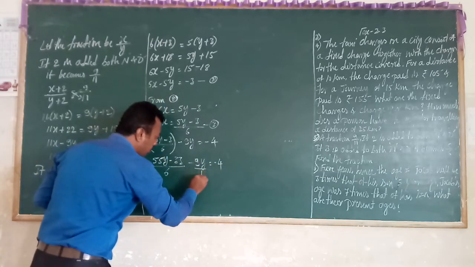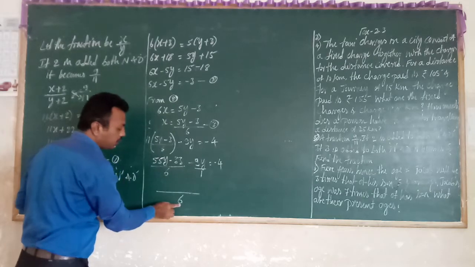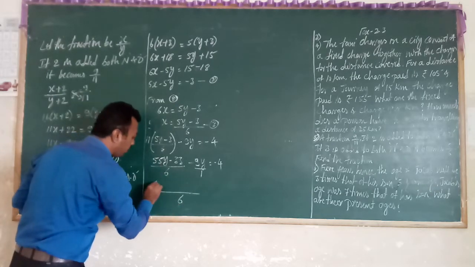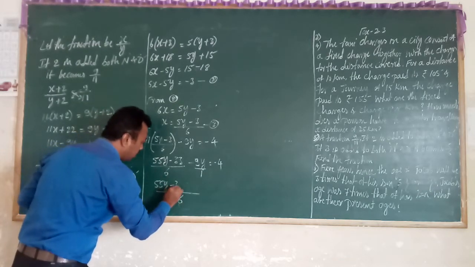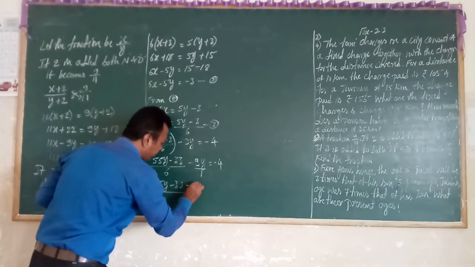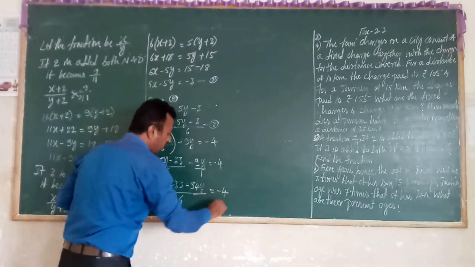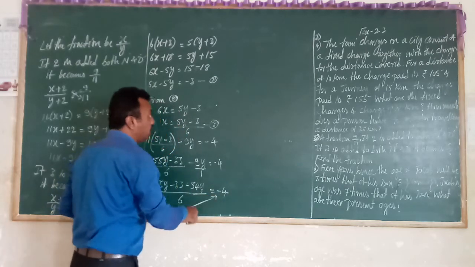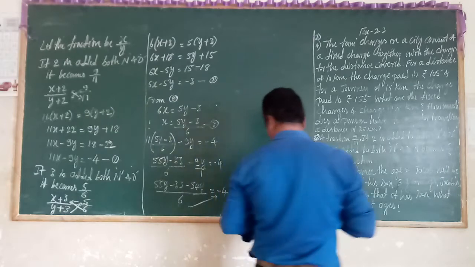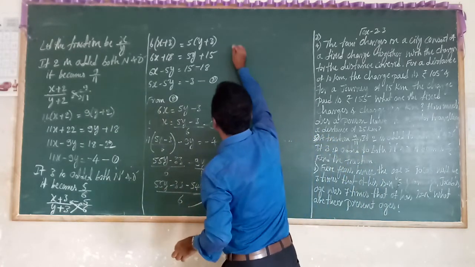Afterwards, nothing is there with 1. You have to take out the LCM for 6 and 1, which is 6. 6 divided by 6, 1 into 55y minus 33, minus 6 into 9y, 6 times 9 is 54y, is equal to minus 4. Now you have to cross multiply that. It becomes 55y and 54y, it becomes y.